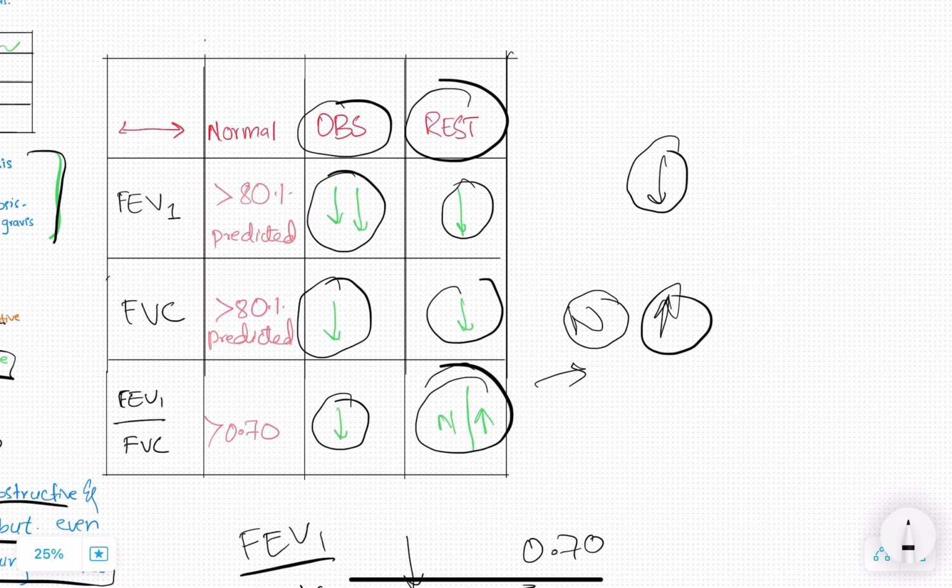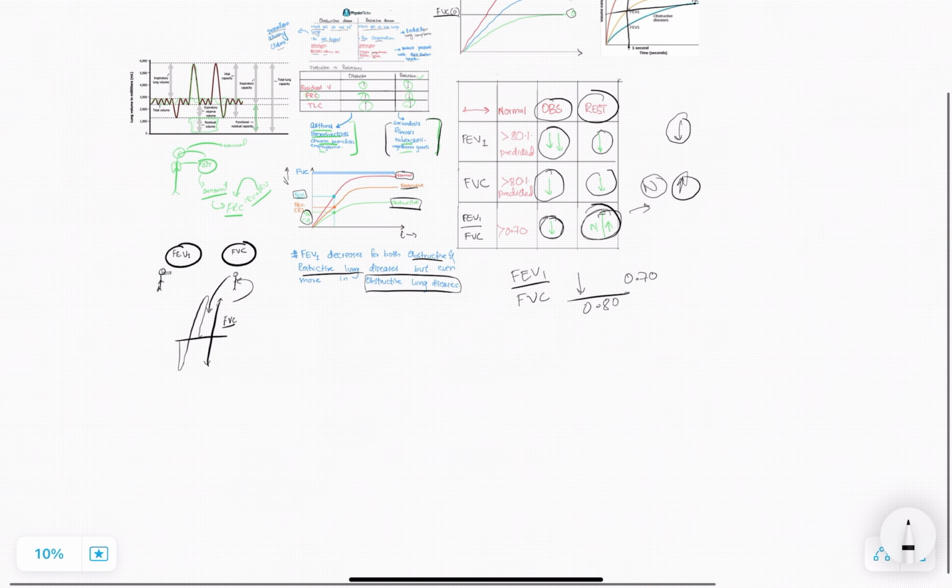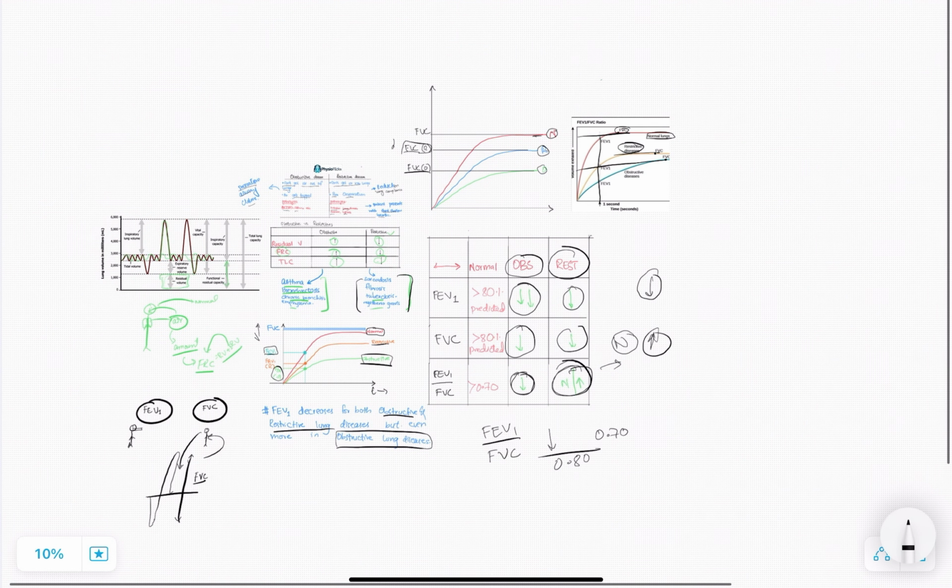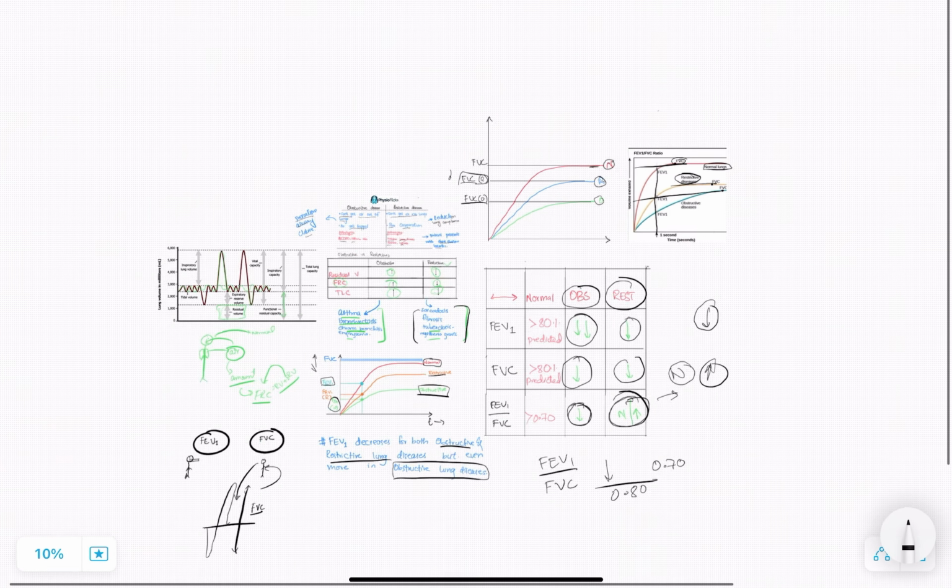So the numerator is decreased more in obstructive lung diseases, so this ratio is decreased, and in restrictive disease the numerator is decreased less, so the ratio is either normal or even increased in some cases. So this was all about obstructive and restrictive lung diseases.